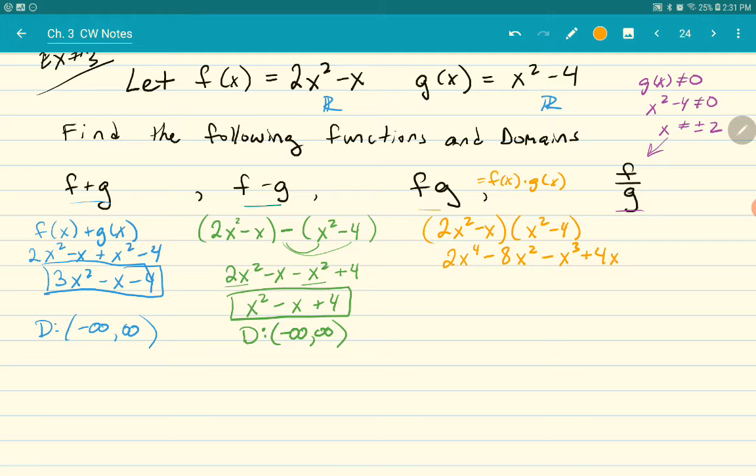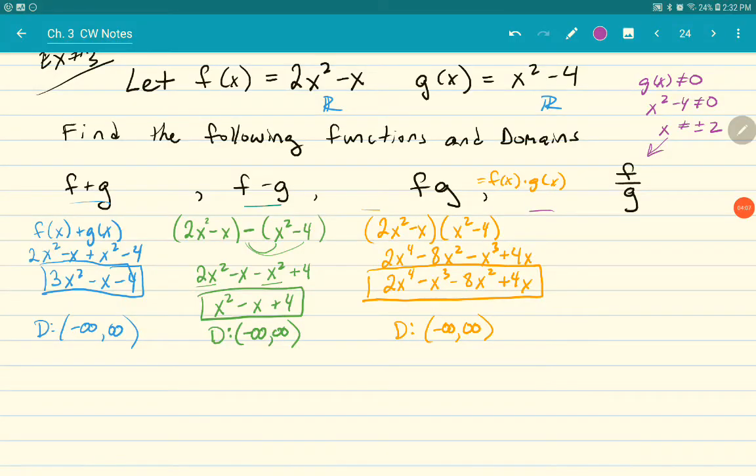Combining, nope, no like terms. So I'm going to reorder this just to have it in standard form and have the exponents decreasing in order. So I'm just going to reorder it like that. And that is my final product. Can't reduce that. And the domain, as expected, no restrictions, so negative infinity to infinity, or all real numbers.